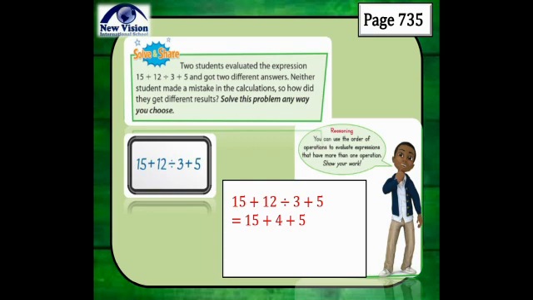So 12 divided by 3 is 4, giving 15 plus 4 plus 5. And then we have to add now, 15 plus 4 is 19 plus 5. 19 plus 5 equals 24. Did you get the same answer? Very good.